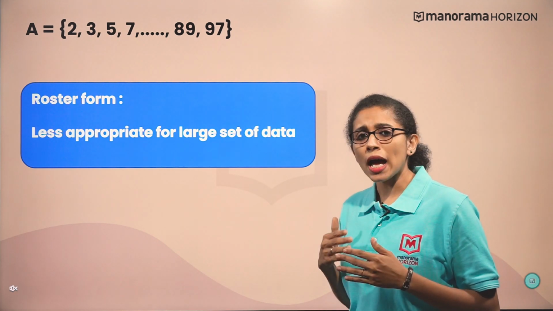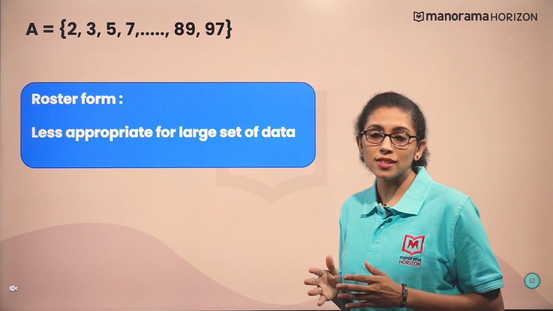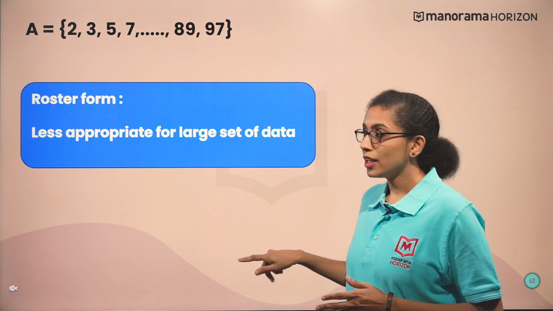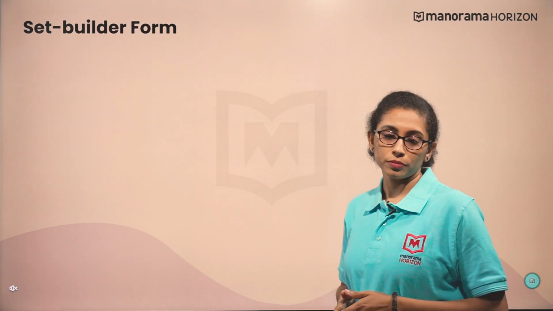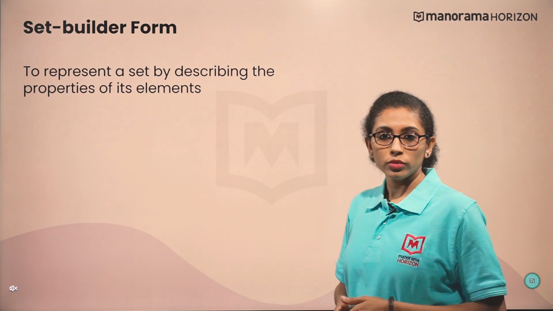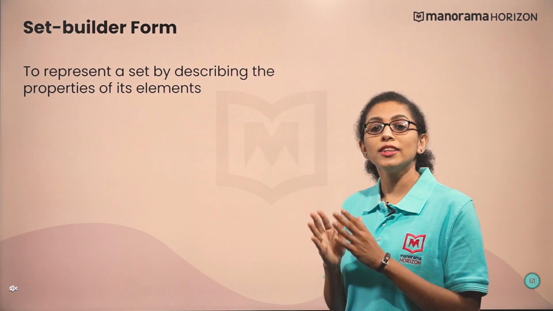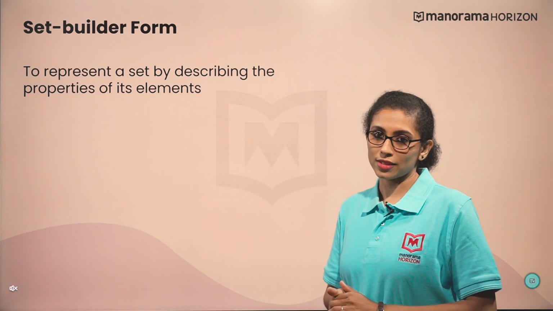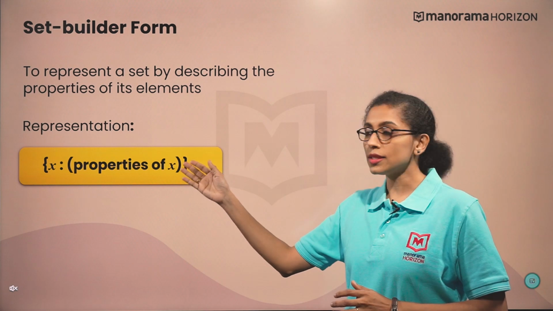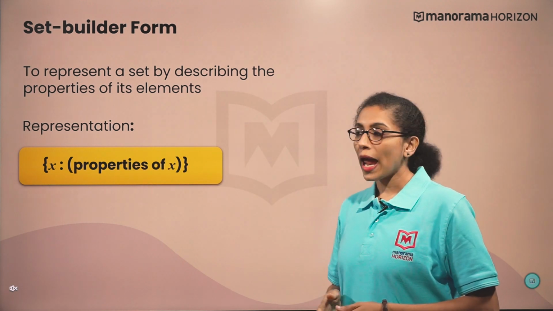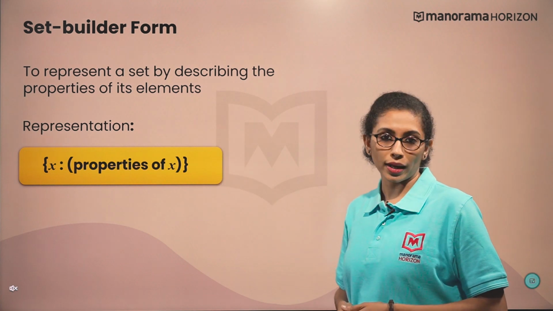So, do we need another method for representing large sets of data? The answer is yes. And the method is the set builder form. Set builder form can be used to represent a set by describing the properties of its elements. And the general representation is open curly bracket x colon properties of x close the curly bracket.